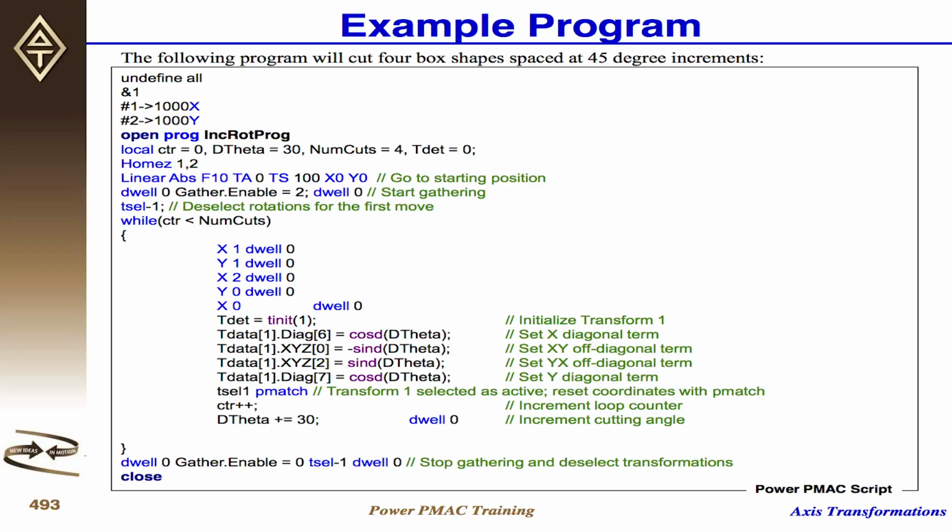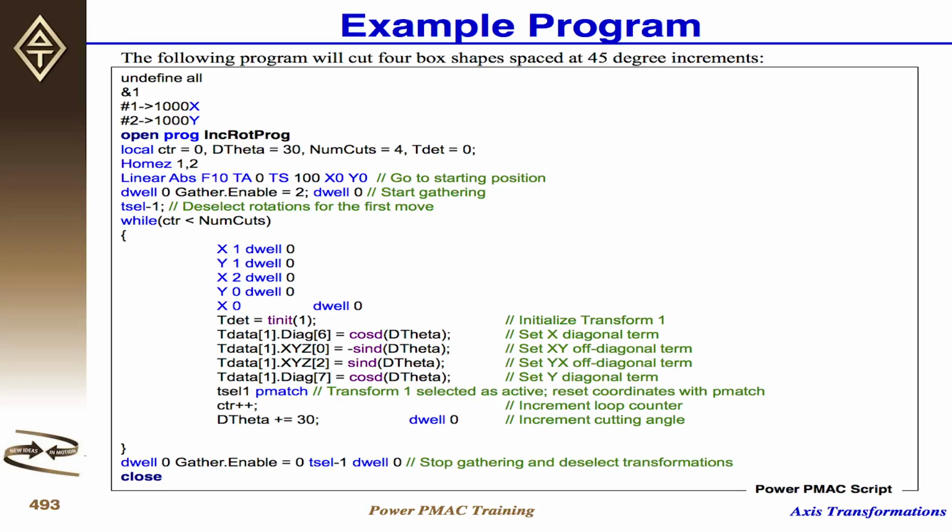Meaning, initially, it's 0, right? It's 30, and the first one will have the 30 degree in here. Once I have that, I increase the counter in here. So when it comes back, it will execute this part with 30 degree of rotation.